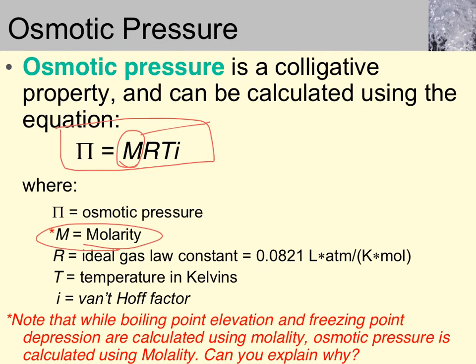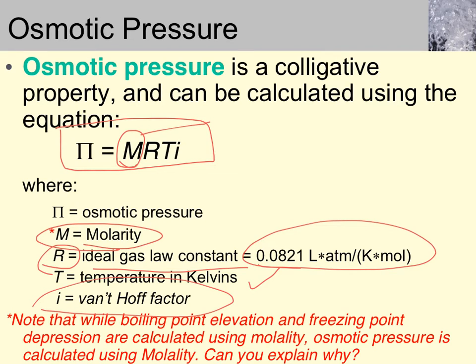That's because we're not messing with temperature. Remember, freezing point and boiling point, we're changing temperature, so we need molality. And instead of a freezing point or boiling point constant, it is the ideal gas law constant. Pay attention to the units that we need. And temperature must be in kelvins. Van't Hoff factor is still in there.